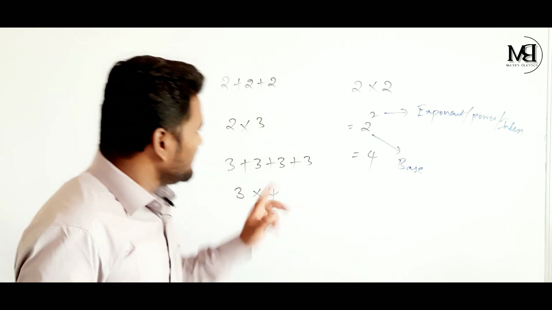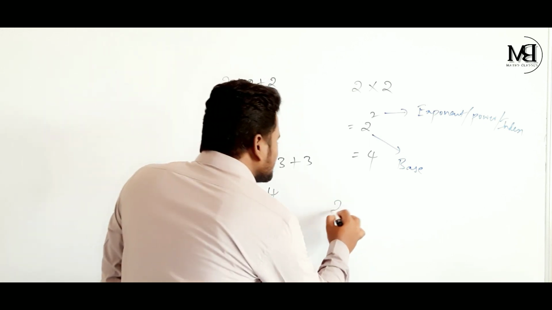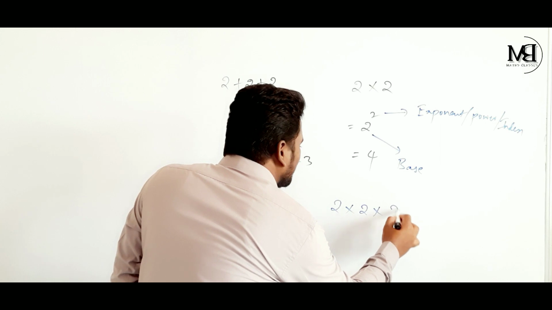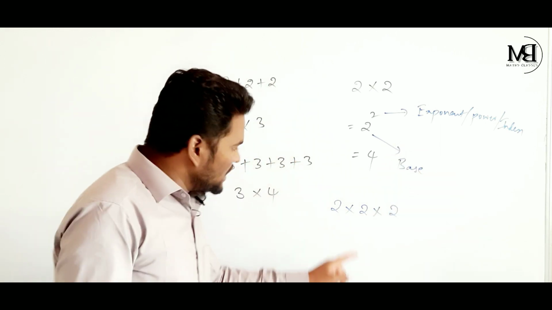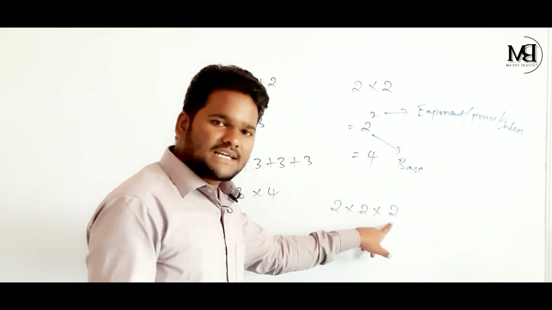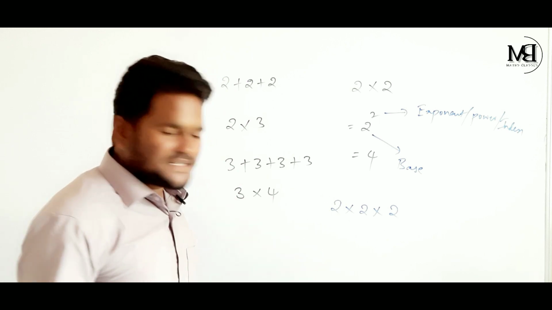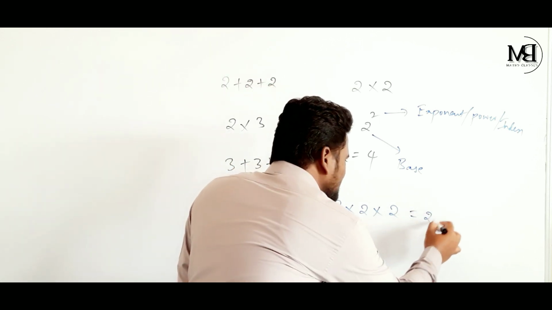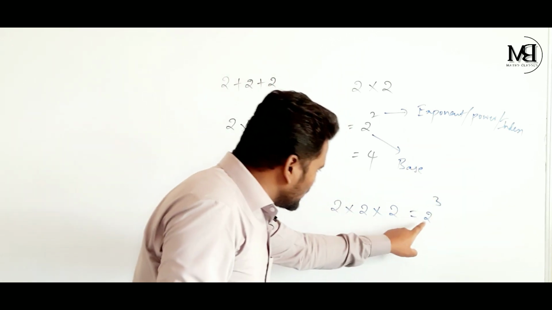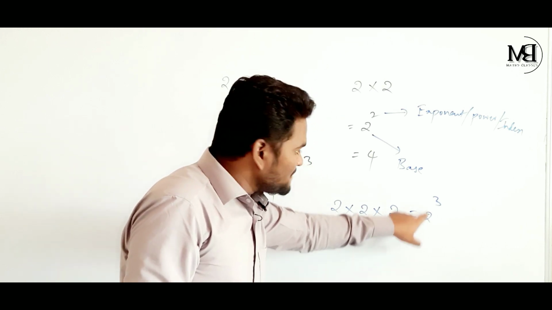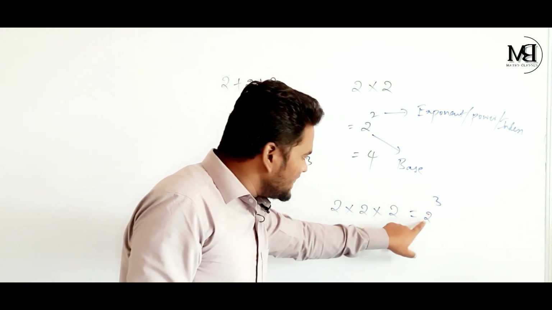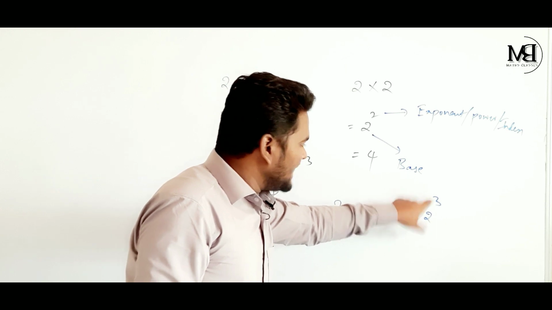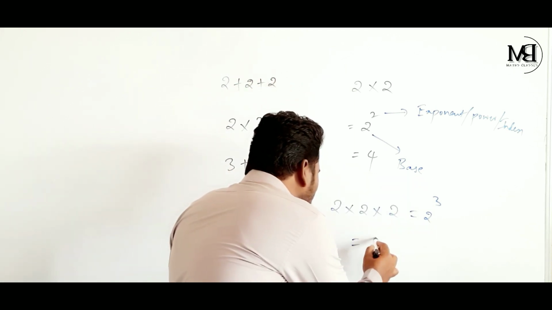Okay, very good. For example, 2 is multiplied by itself 3 times. What is the representation? The representation is 2 power of 3, and the answer is 8.